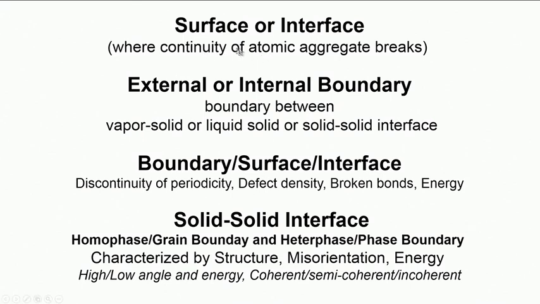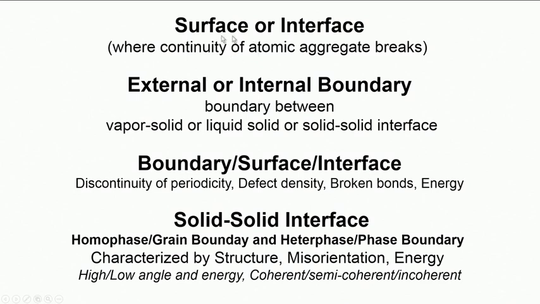So we can have a situation where the continuity breaks down onto the external surface. But such surfaces can exist even inside the solid, which we do not get to see by naked eye, because the solid in all probability is opaque. But if it is a transparent solid, you may actually discover that there are interfaces within.